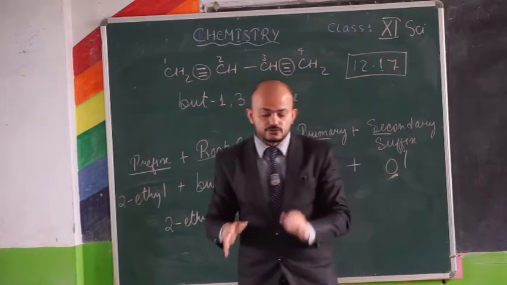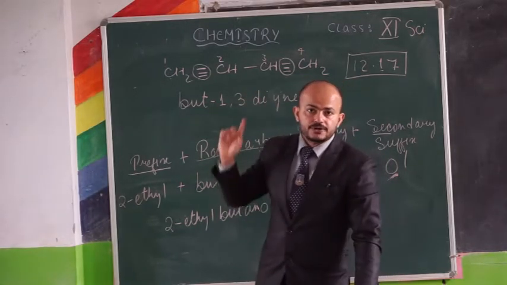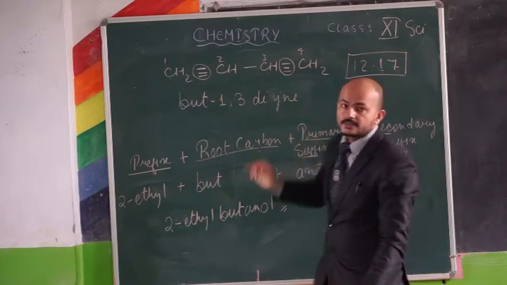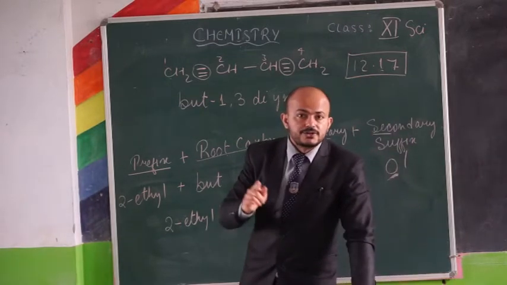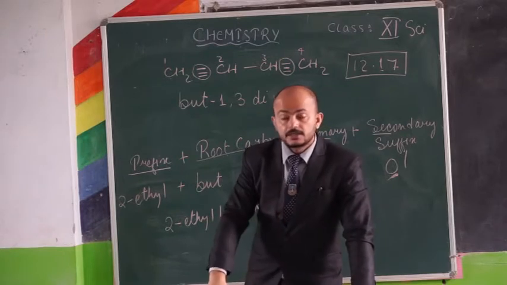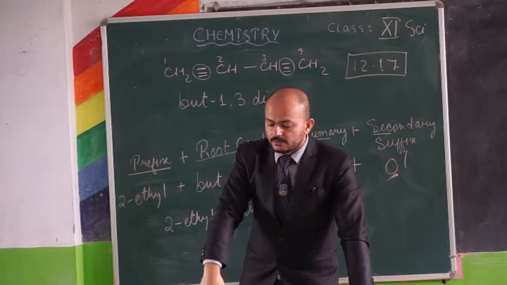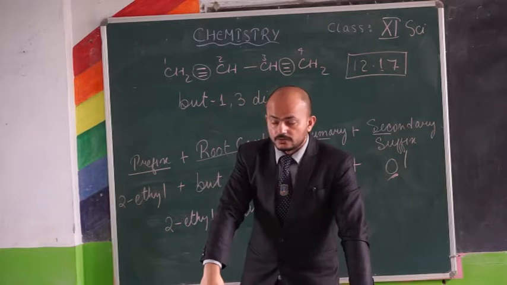Now the next rule. Please refer to page number 12.17. This is very important. Point number 5 is very important. Look at it carefully. If the compound contains a double as well as a triple bond, the two are considered at par while applying the lowest sum rule.